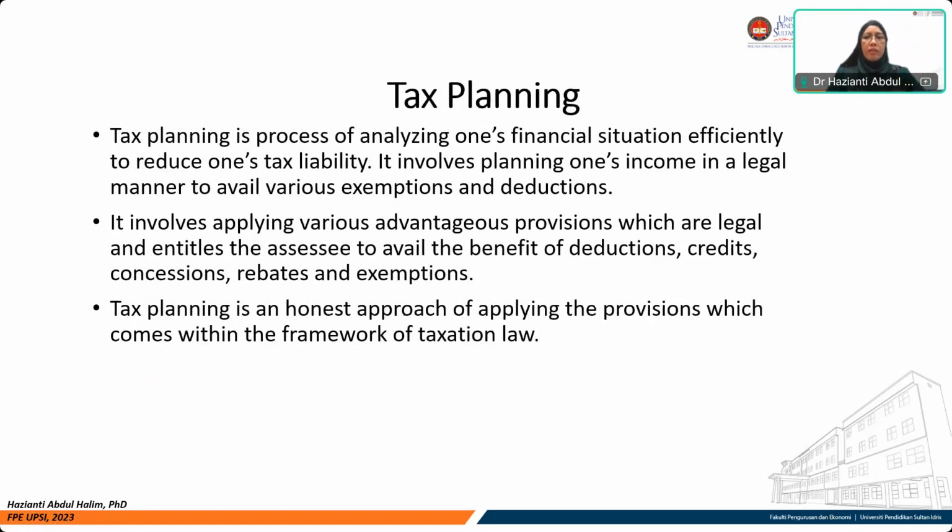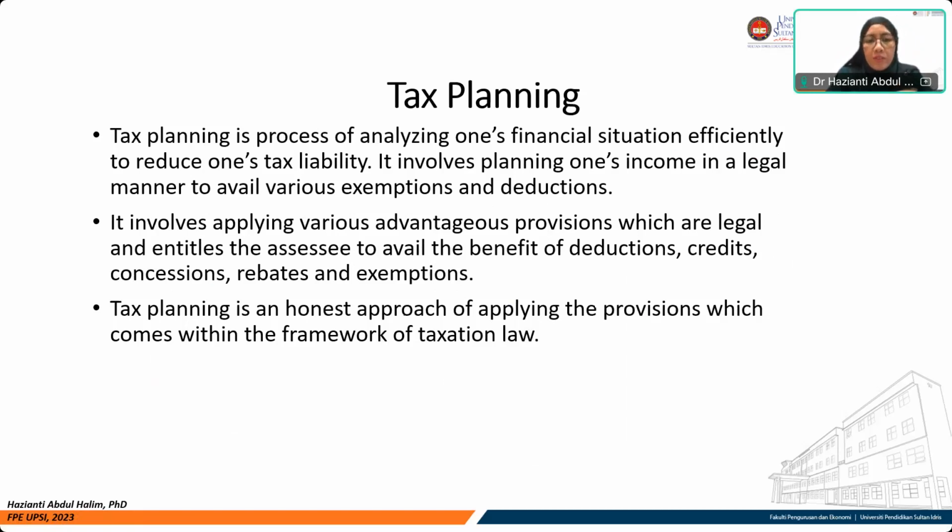And the last one is tax planning. This is the safest way to reduce our tax liability. Why? Because it involves planning our income in a legal manner. Whatever knowledge that we have, we can use it in doing the tax planning. We know now that there are various advantageous provisions, various deductions, credits, incentives, rebates, reliefs, and also exemptions.